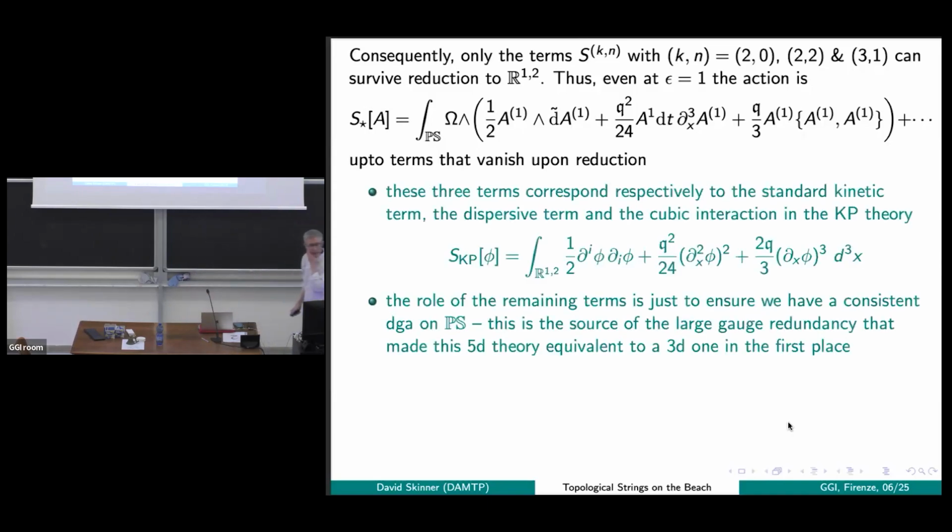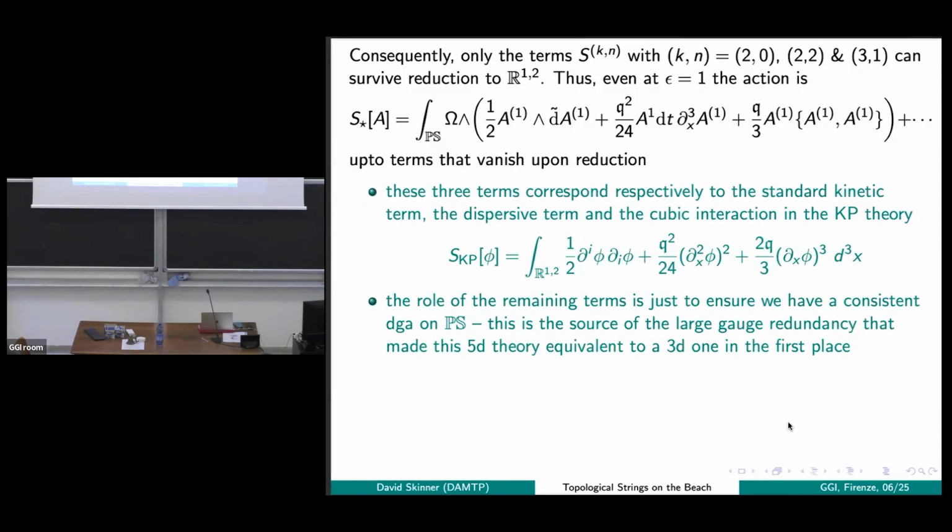Well, these 3 terms are now easy to understand. This standard kinetic Chern-Simons term just becomes the standard kinetic term of the scalar field when you reduce down to space-time. This modified kinetic term in the Chern-Simons theory, that was there because we needed a right derivative operator which played nicely with the star product, just becomes the modified, dispersive kinetic term downstairs with higher derivatives.